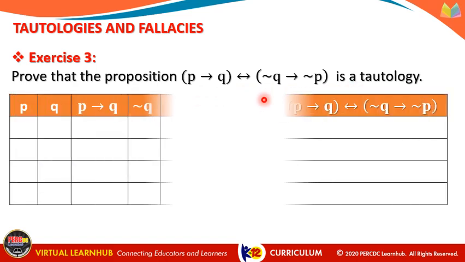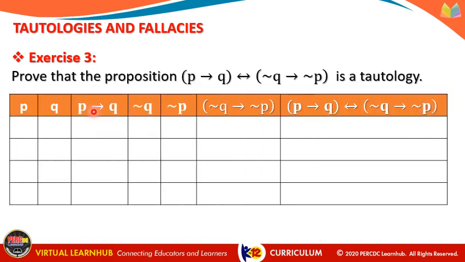We have two propositions involved, P and Q. Therefore, we have four possible combinations for P and Q. Again, let's just use the combinations that we have been using for the past videos. Let's start with if P then Q. Our antecedent is false, the consequent is false, therefore the conditional proposition will be true.